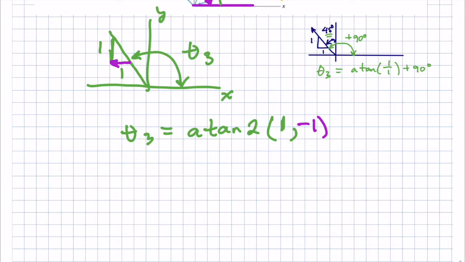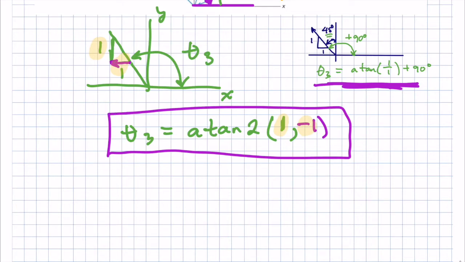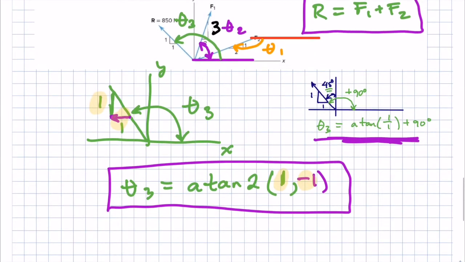Saying that again, here's the vertical, that's the first argument. Here's the horizontal, in the negative direction, that's the second argument. That gives you the same answer as what we did right here, where we had to think about the quadrant. Isn't that nice? Here's this built-in function in your calculator where you don't have to think as much.